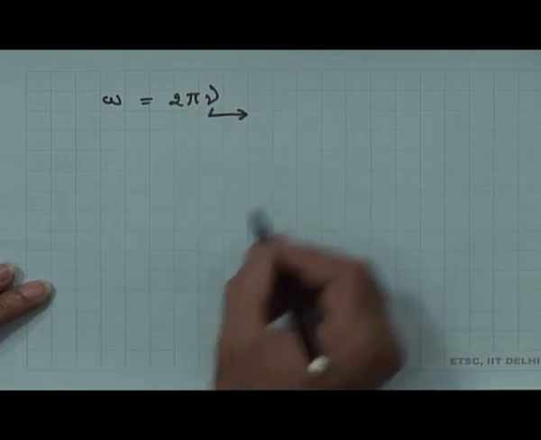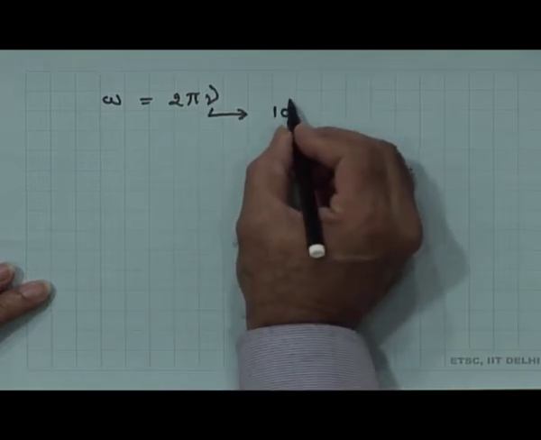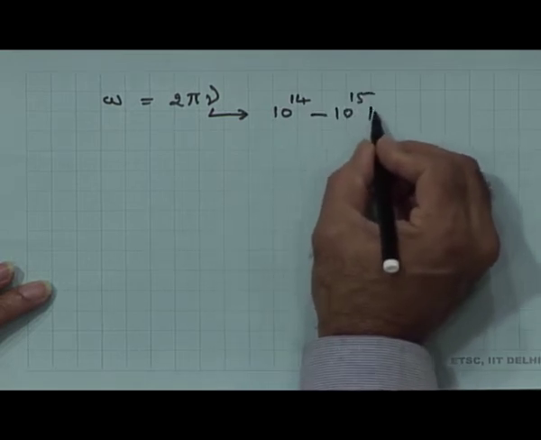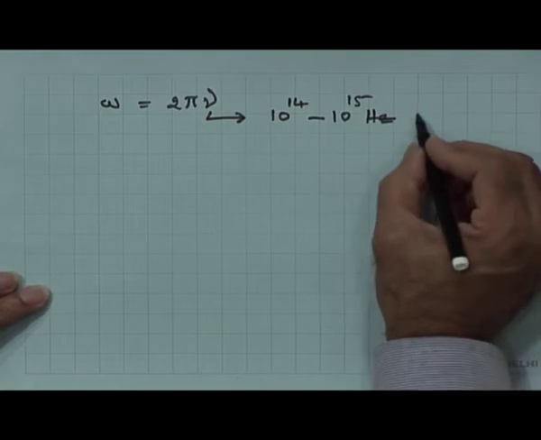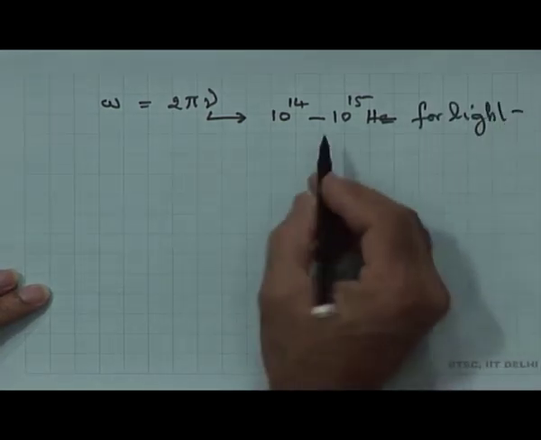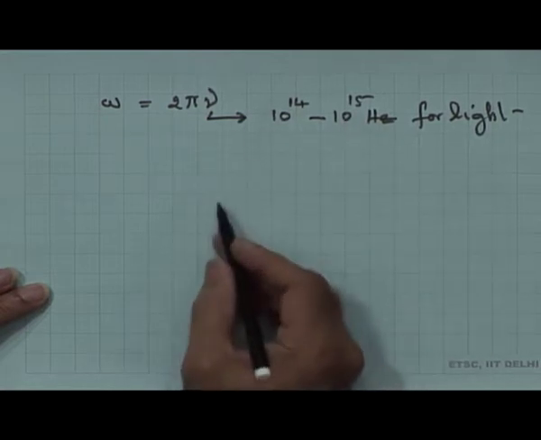Nu is typically of the order of 10 power 14 to 10 power 15 hertz for light, depending on whether we are at the blue end or the red end.